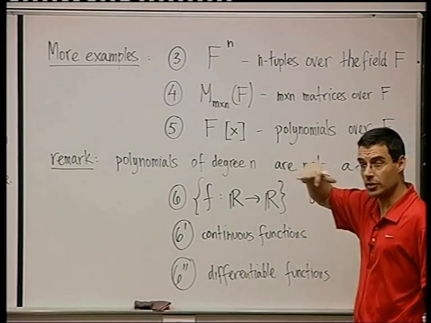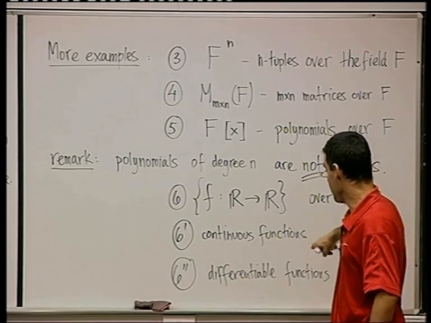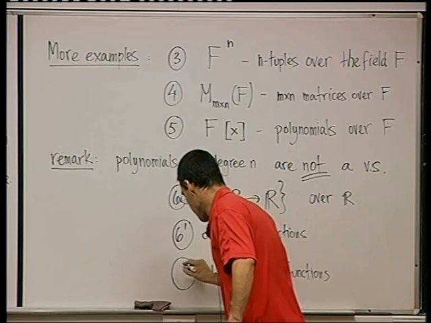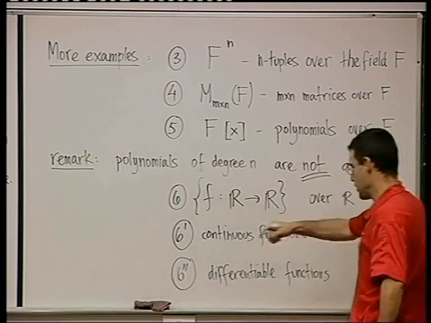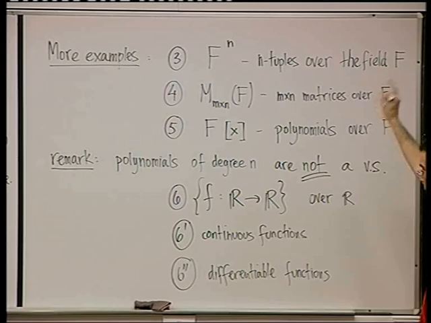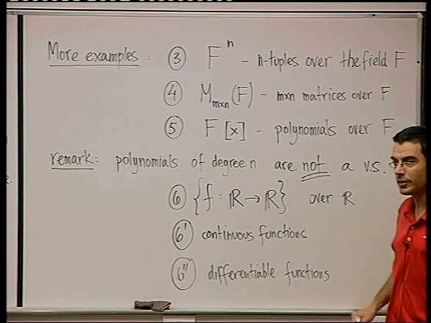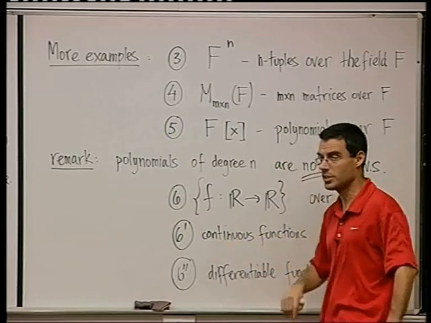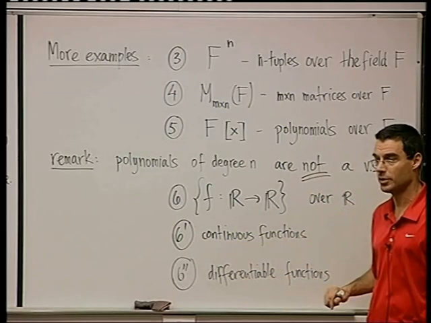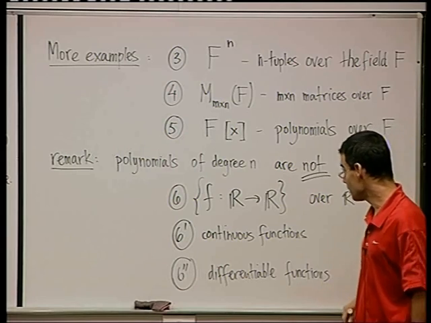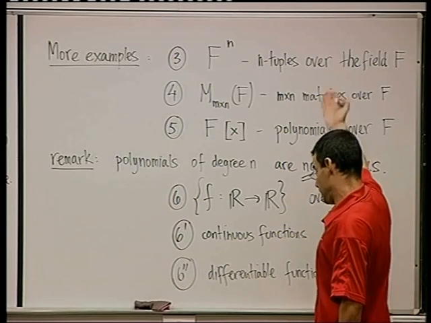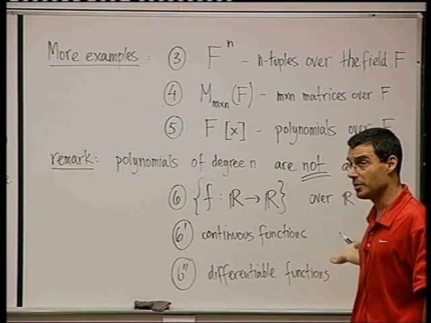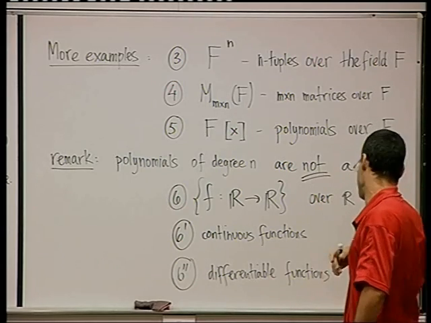But when you get to calculus and encounter these notions, then you can flash back on this and say, hey, I know why continuous functions are a vector space, because one of the theorems you're going to prove is that if f is continuous and g is continuous, then f plus g is continuous. Okay? Good? So this is a very rich list of many, many things that you've encountered in mathematics, and the list goes on and on.